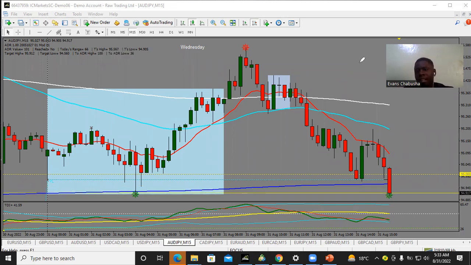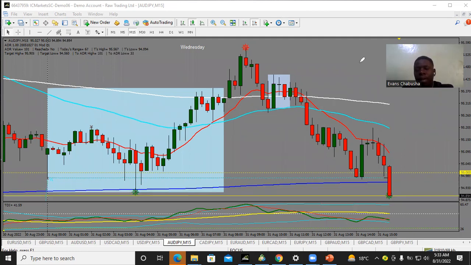What do I mean by trailing my trade? I'll trail my trade not by setting a stop loss or a trading stop, but using this red line. It is what we call the catch up, the 13 moving average.